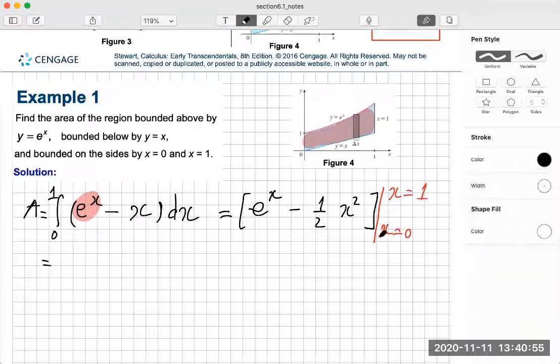When we evaluate this value, what do we have? Gary, help me, please. Yes, e to the x when x is equal to the upper limit.